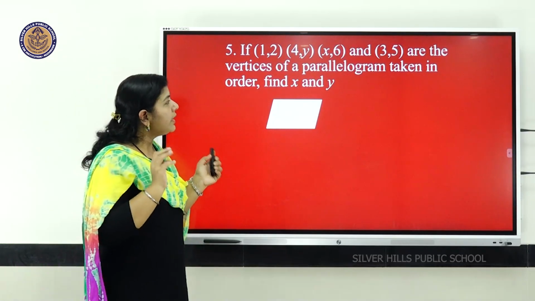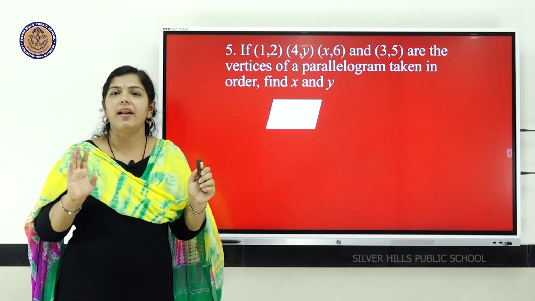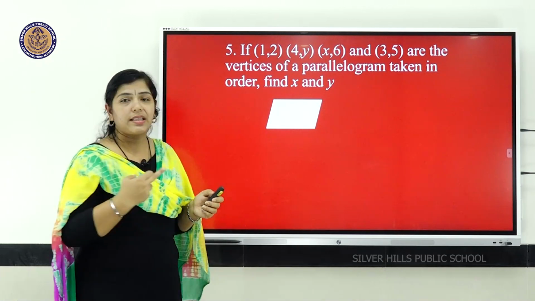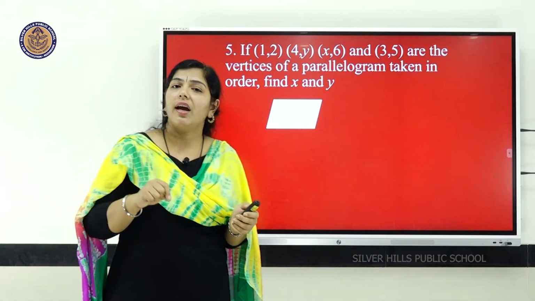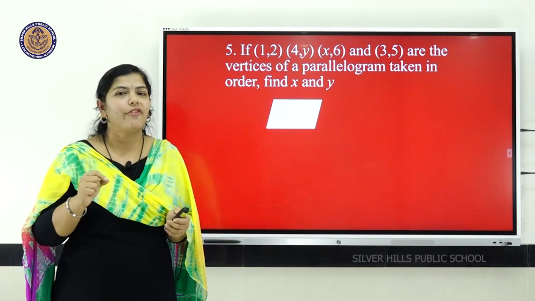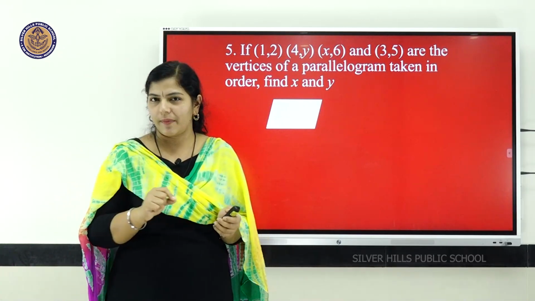Okay. The vertices of a parallelogram are given. There are two unknown values, x and y, that we are asked to find. Now let us see how to find the values of x and y.